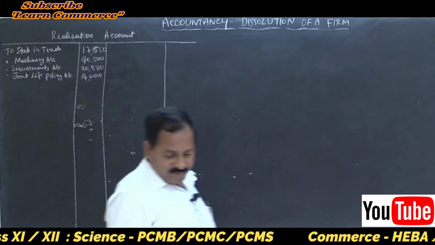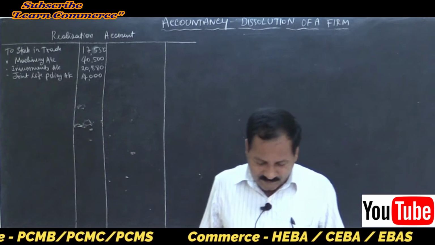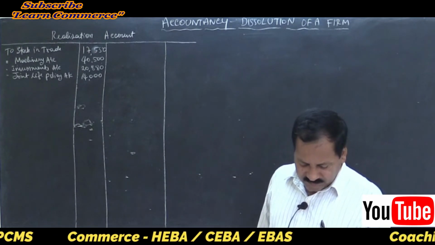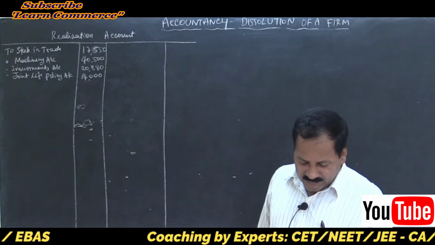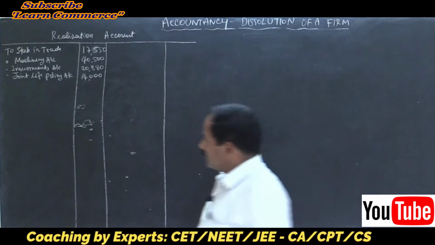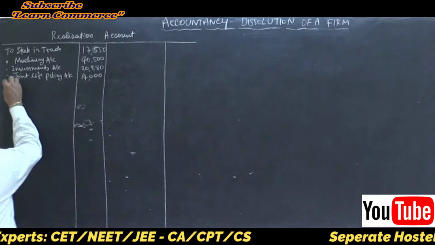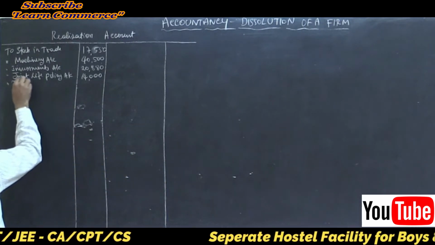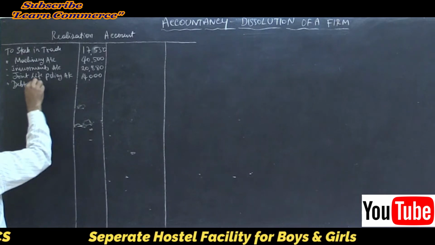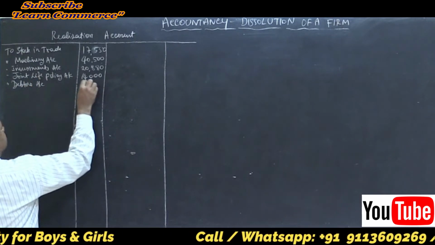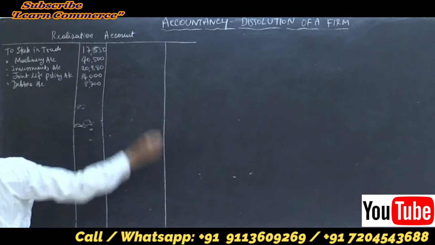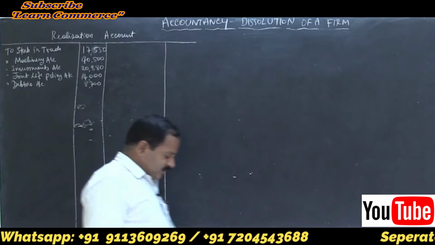Debtors, how much? 8,700, right? 8,700, yes. That's all. No other assets to transfer.